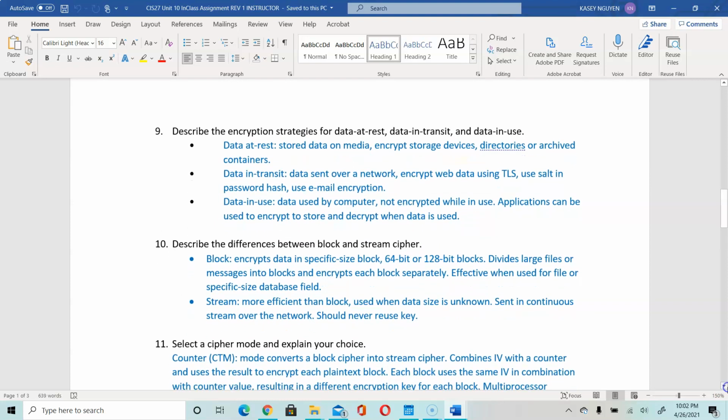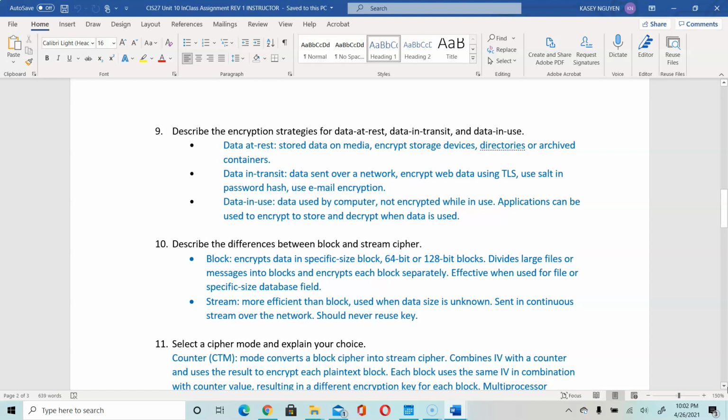Now the differences between block and stream cipher: the block cipher encrypts the data in specific size blocks. It could be a 64-bit or 128-bit block. If you have a large file, it would take that file or message and chunk it into blocks that fit that specific block size, either 64-bit or 128-bit.